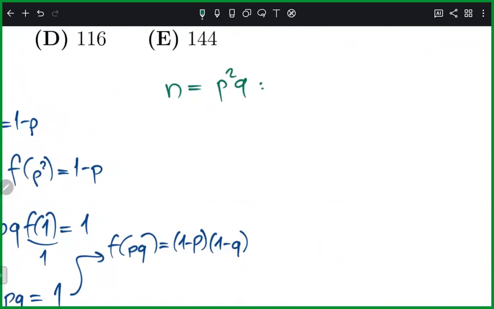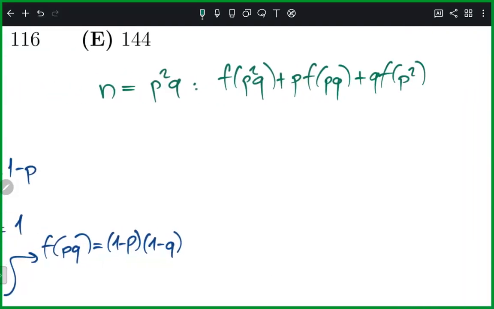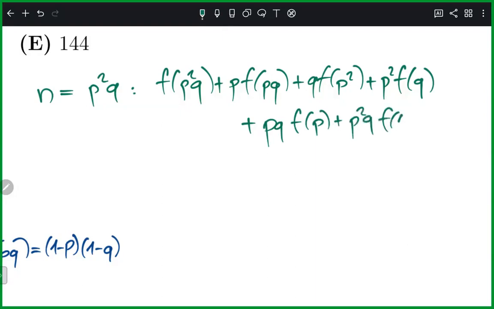And then f(p squared q) plus p f(pq) plus q f(p squared) plus p squared f(q) plus pq f(p) plus p squared q f(1) equals 1.